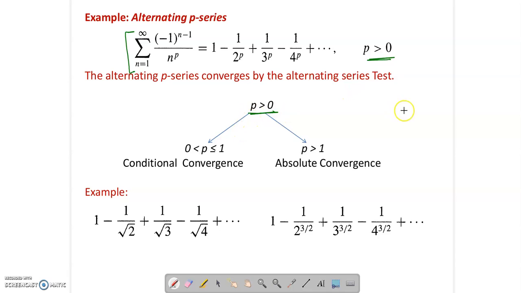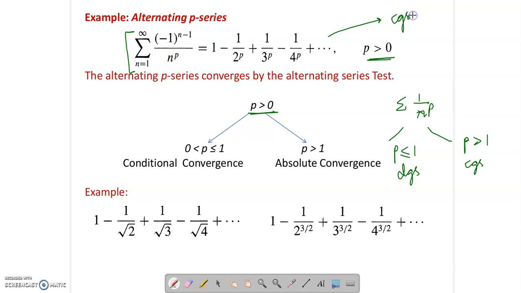What we know about the p series, the series 1 by n to the power p, is that for p greater than 1 it converges, and for p less than or equal to 1 it diverges. This we know. And this also we know, that this alternating series converges for p greater than 0.